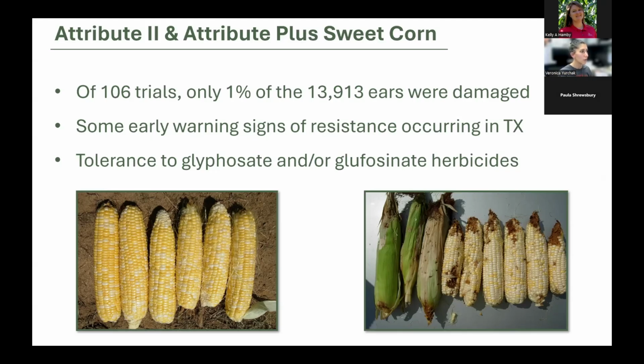There are some early warning signs of resistance occurring in Texas, but this is not practical resistance that's evolved in the field. It's just some lab studies showing some genetic changes that might be indicating that resistance could potentially be happening in the future. Again, different herbicide tolerances between the two hybrids.